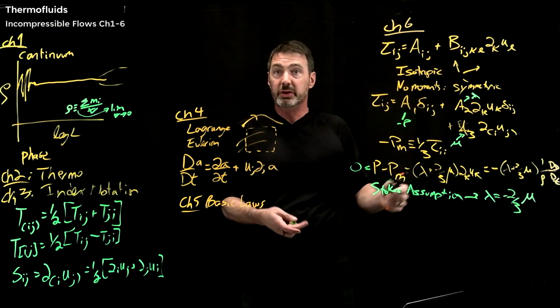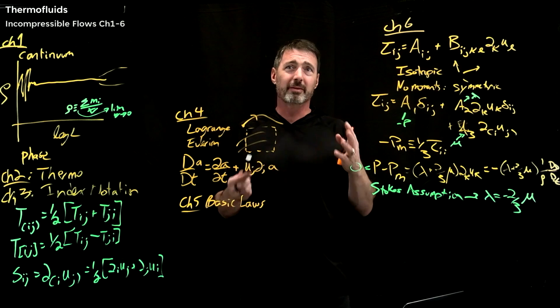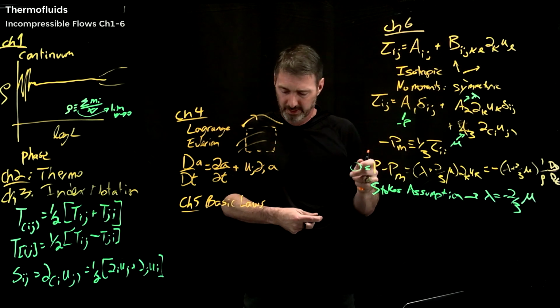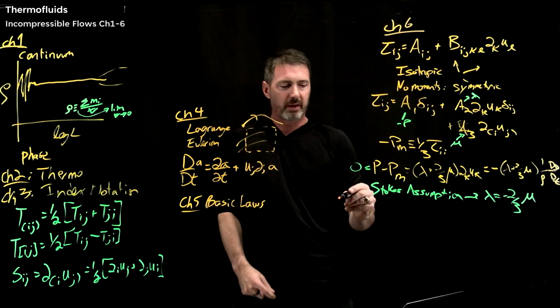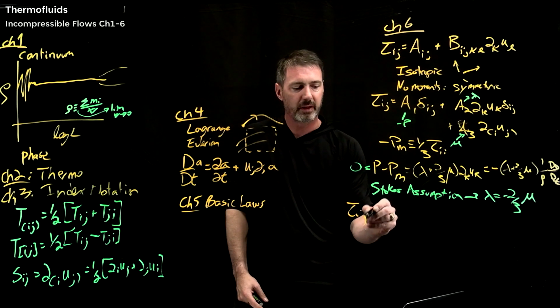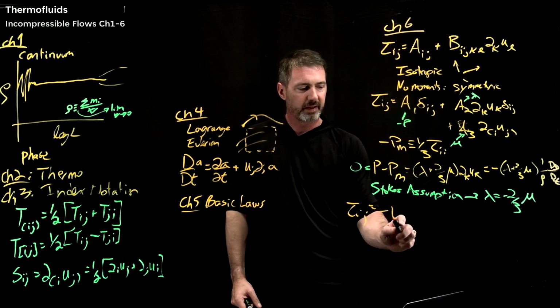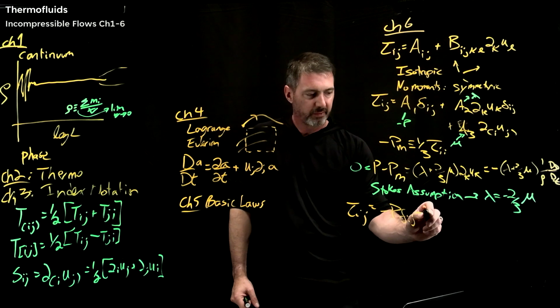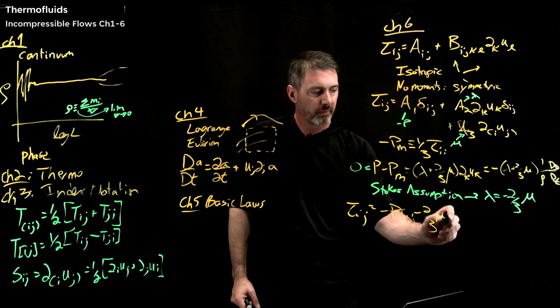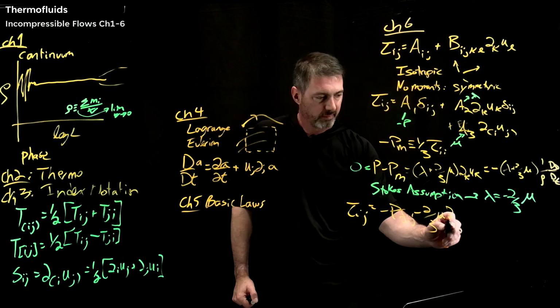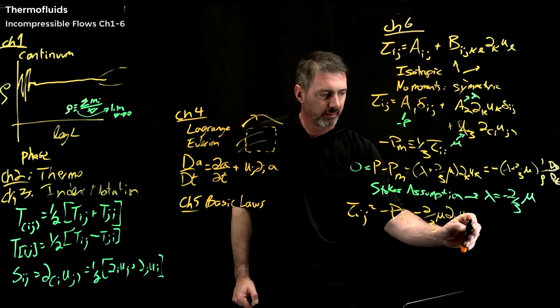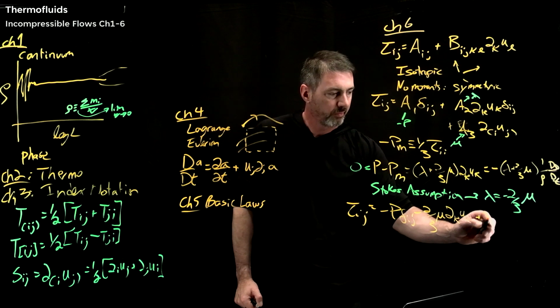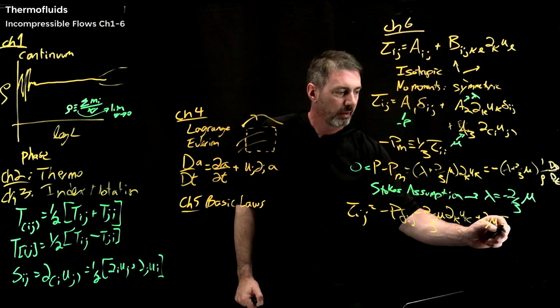And so we'll end up just using mu. And that's what we normally call viscosity, it's normally just mu. And so that will then result in our stress tensor, tau ij, being minus pressure delta ij, minus 2/3 mu, and the divergence, del k uk, plus 2 mu sij.